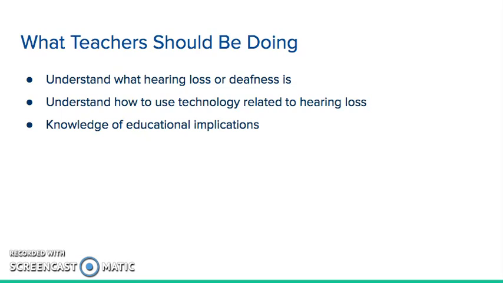And then an audio induction loop system, which uses actually the light beams in the room to carry sound to their personal receiver, which is actually really interesting how it uses the light beams to do such. They must have adequate knowledge of the educational implications associated with hearing loss, such as the acoustics of the room, the lighting, language, and the social concerns.